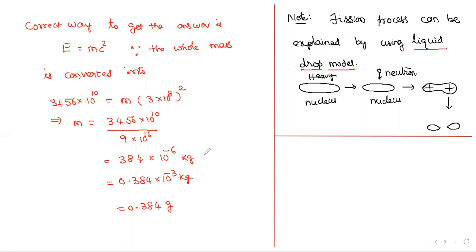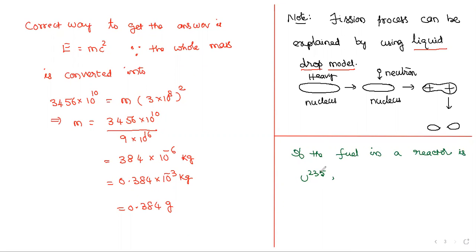Okay. And particularly here, when you come to BITSAT, if you use the fuel as uranium-235, if the fuel in a reactor is particularly uranium-235, such type of reactors are separately called something special.